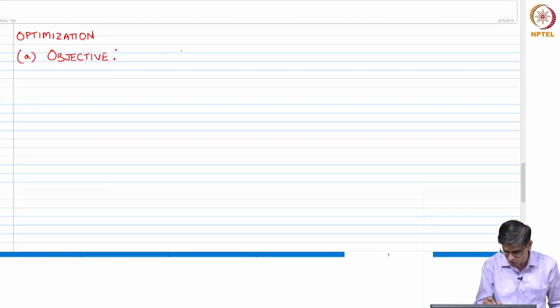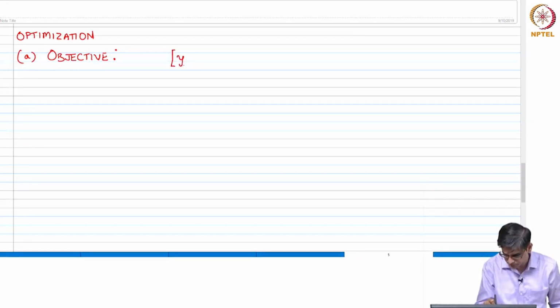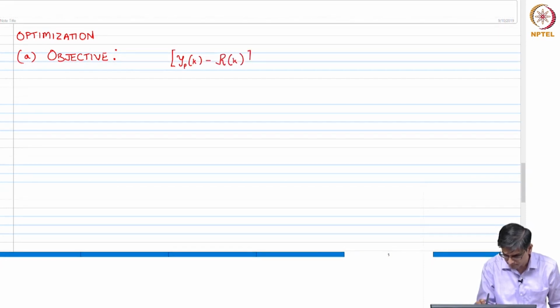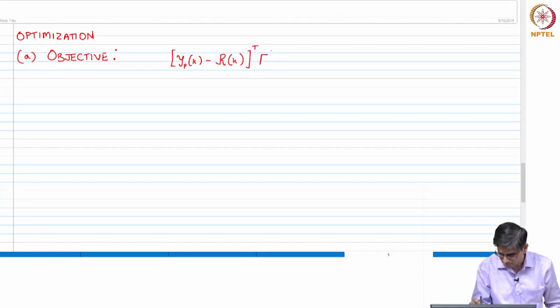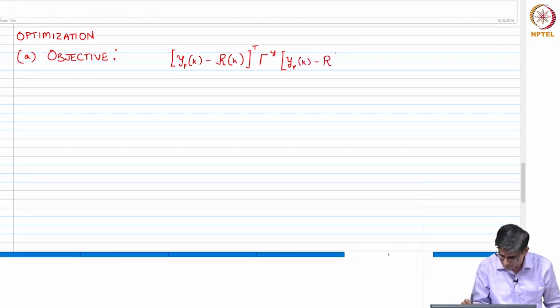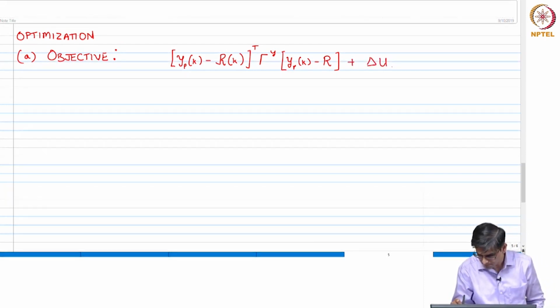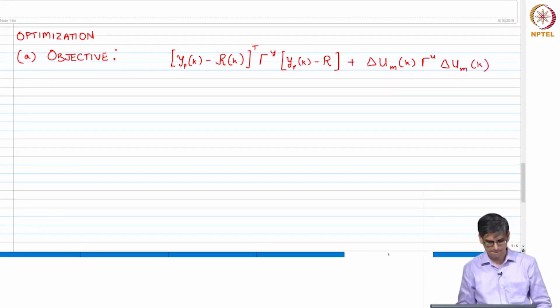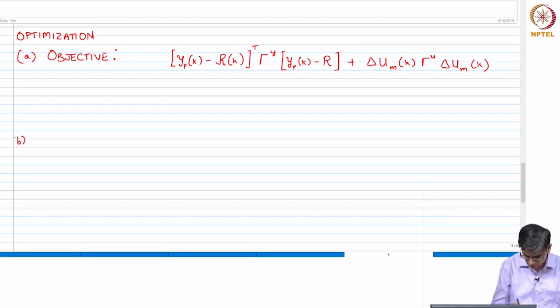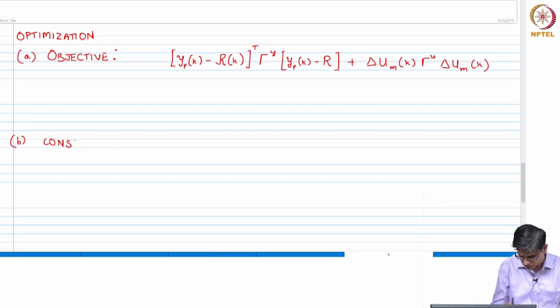Objective function was... let us do constraints later.